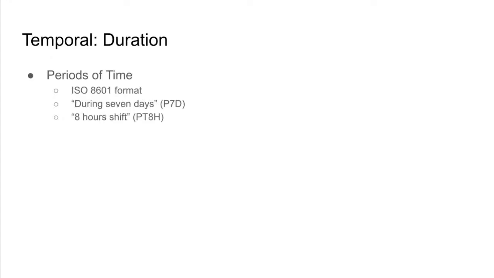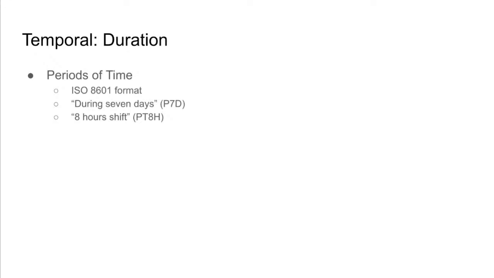The third concept that I want to talk about is the duration. Duration represents periods of time in the ISO 8601 format, and it's pretty straightforward to understand. For instance, if I want to say during 7 days, I have the code P7D, which could be read as a period of 7 days.